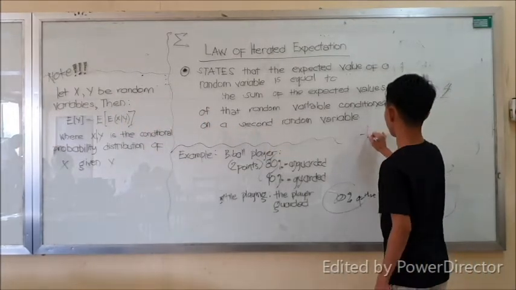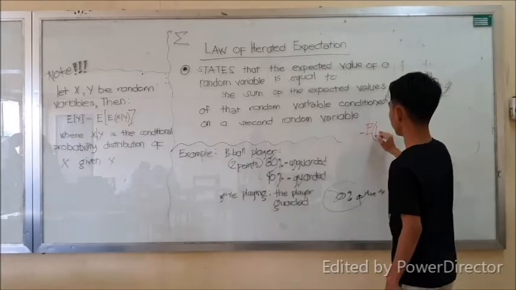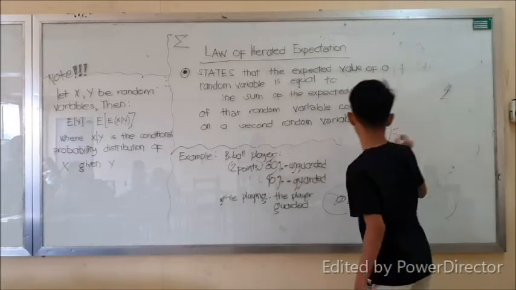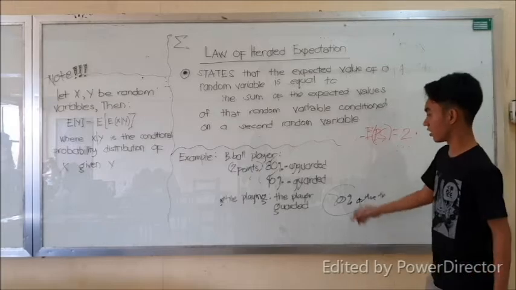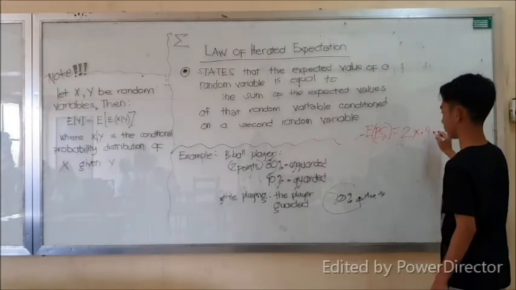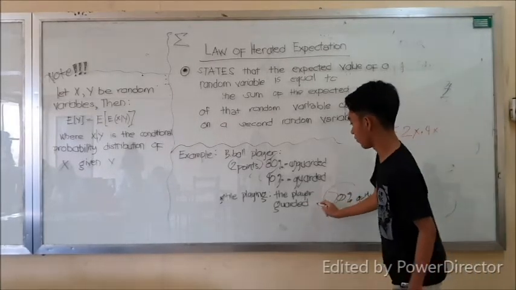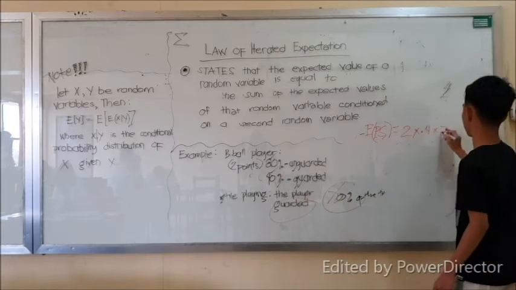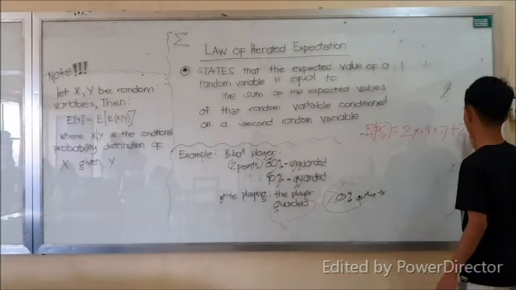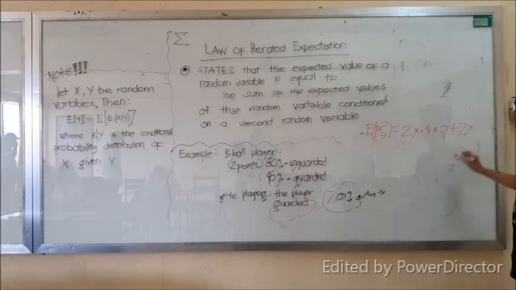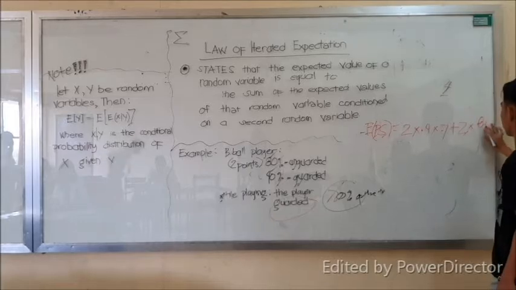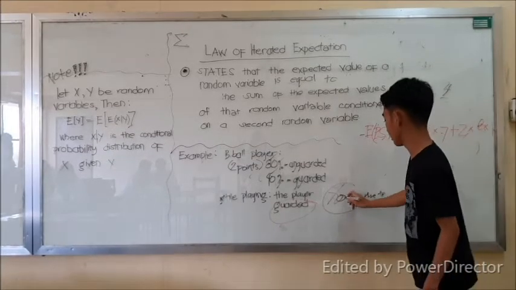So, for the basketball player, the points that he scores is equal to the points he scores times the probability that he scores when guarded, which is 70%, plus the points he scores when unguarded multiplied by the probability of being unguarded.